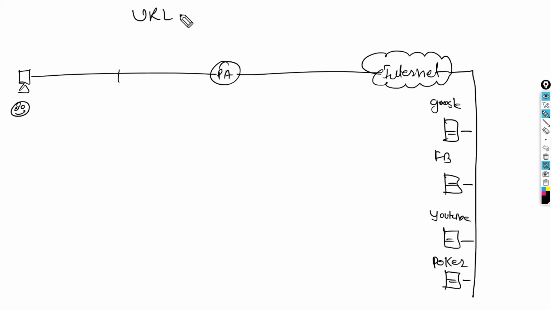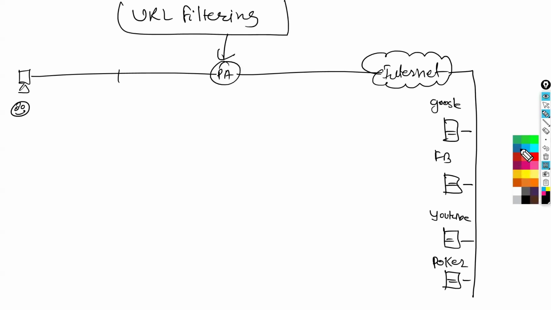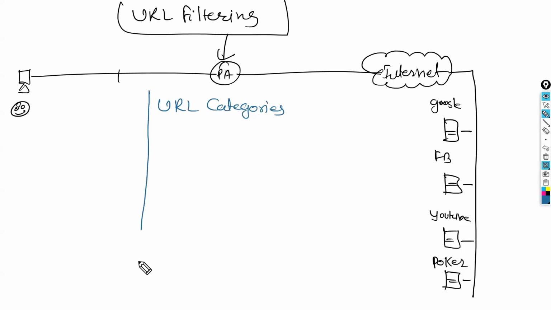That feature is called URL filtering. When you enable URL filtering, then you have URL categories there. You have 70 plus categories available on Palo Alto Firewall.